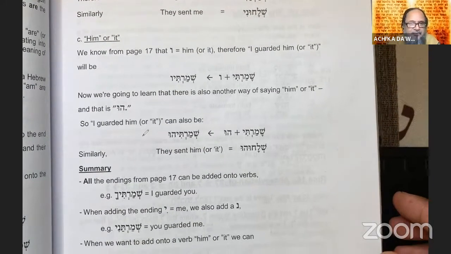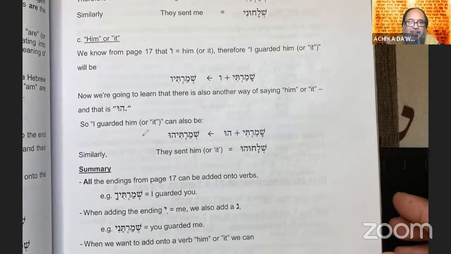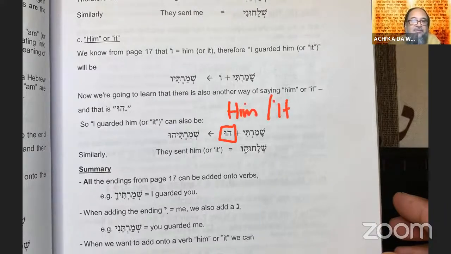There's another way of saying him or it. Don't ask me why, but it's not just the wa, it's actually this word right here, hu. Hu means him or it. So shamarti means I guarded, and then him, shamarti hu.